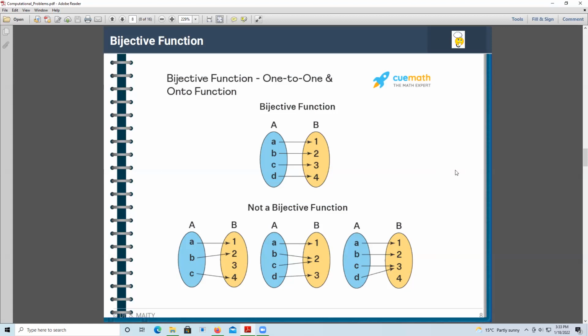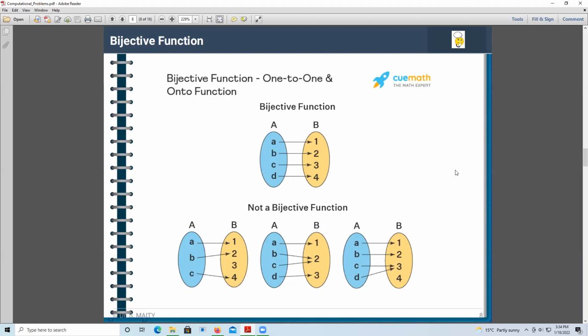So the importance of the bijective function property is that it ensures there must be an inverse function. There must exist an inverse function for this particular function if it is a bijective function. If it is not a bijective function, then the inverse function does not exist.